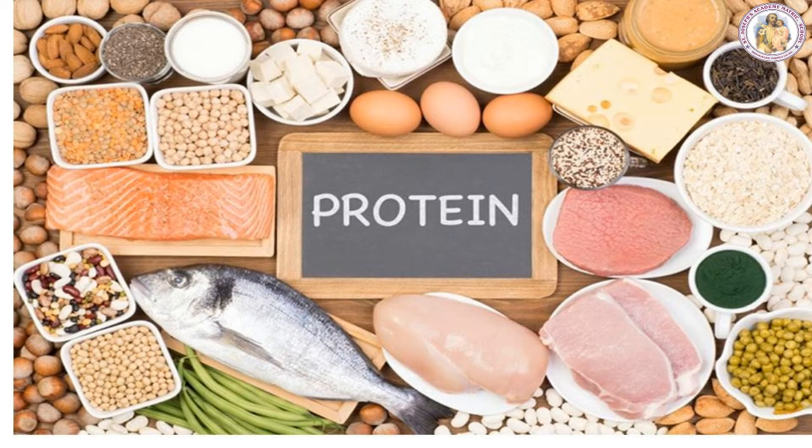The 9 essential amino acids are phenylalanine, valine, threonine, tryptophan, methionine, leucine, isoleucine, lysine and histidine. These are the 9 essential amino acids.